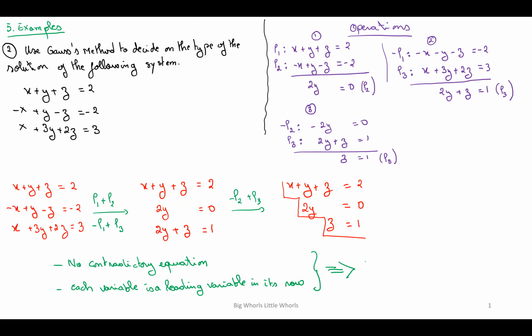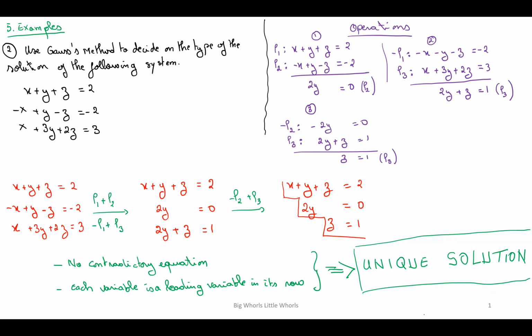That means we have a unique solution. Is that okay? So our original system has a unique solution. At the moment, we are not going to write down that solution yet, okay? We are just going to decide on the type of solution.